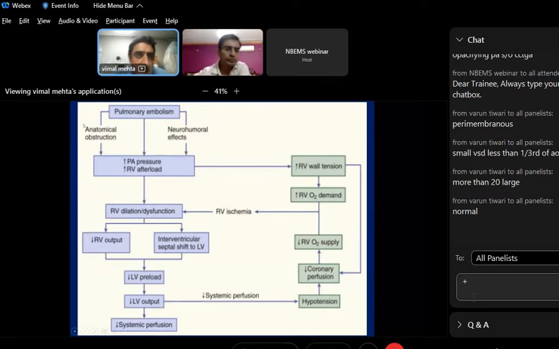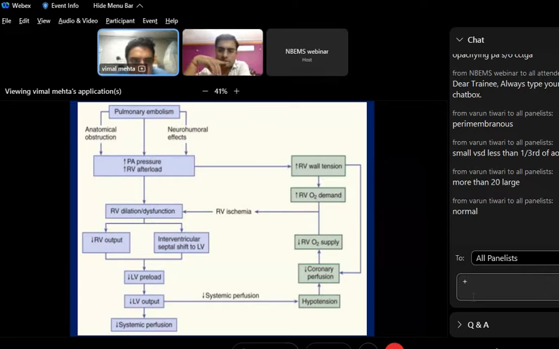Typically, what happens is, once there is obstruction, you have increased pulmonary artery pressure and there is increase in afterload because the right ventricle cannot eject into the pulmonary artery. Depending on the extent of the obstruction, this may or may not result in RV dilatation or dysfunction, which can be very well appreciated on the echocardiogram.